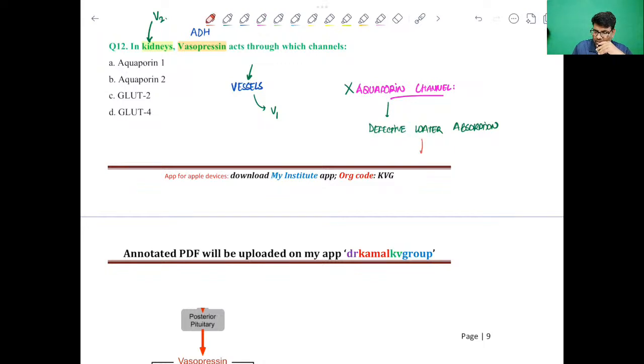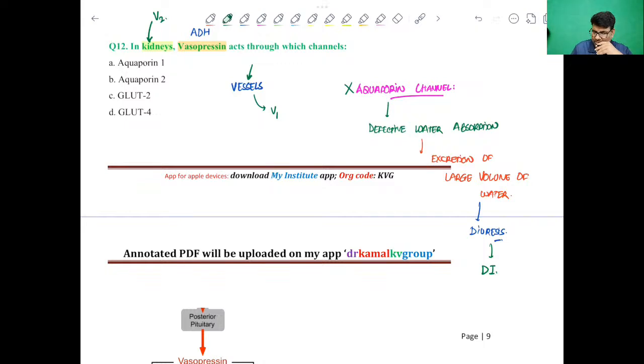So excretion of large volume of water, and this is what is known as diuresis, and in terms of clinical presentation we call it diabetes insipidus.